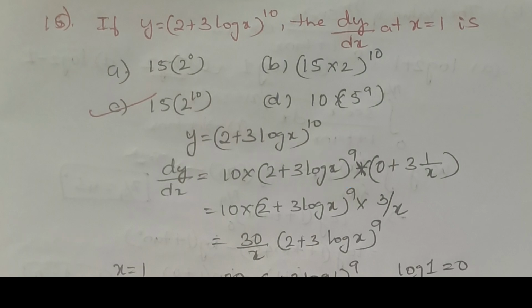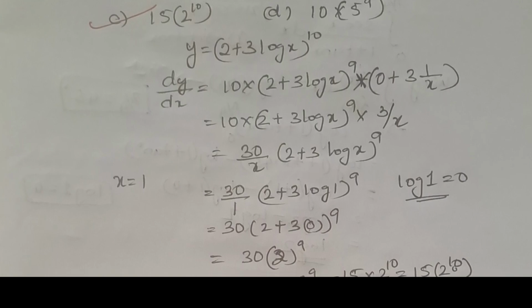So we get 10 into (2 plus 3 log x) to the power of 9, and this term becomes 3 by x. Then we multiply 3 by 10 and we get 30 divided by x into (2 plus 3 log x) to the power of 9.